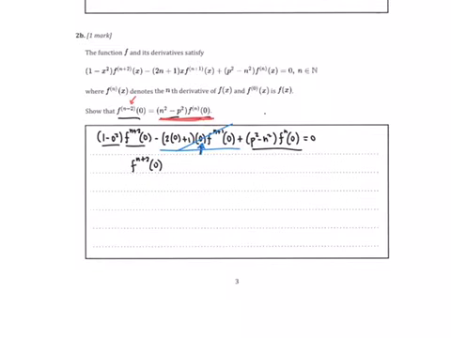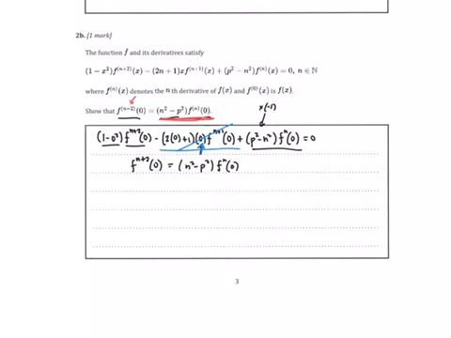When I bring it to the other side, it's going to change the sign. So if I multiply that by a negative 1, that will change this to being n squared minus p squared times the nth derivative evaluated at 0. And there you go, you've got your 1 mark on part B.